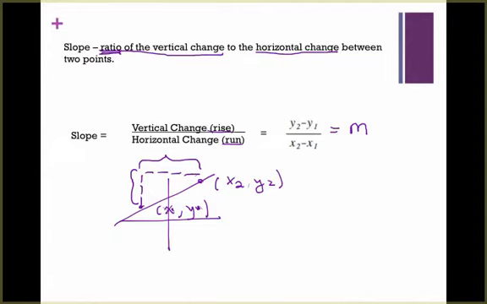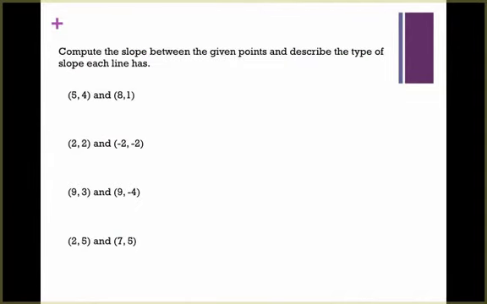Now let's take some ordered pairs and determine the slope, and let's describe what type of slope that the line would have. Is it positive, negative, 0, or undefined? So in our first example, we're going to subtract our 2 y's, and the order in which you subtract them doesn't matter, but whatever y you start with in the top, you have to start with the corresponding x in the bottom.